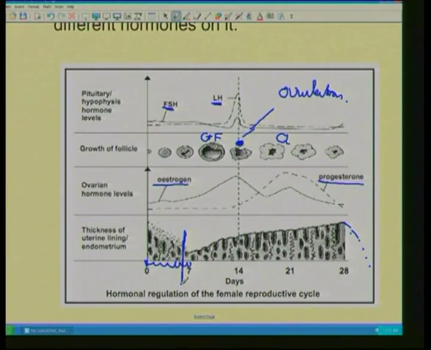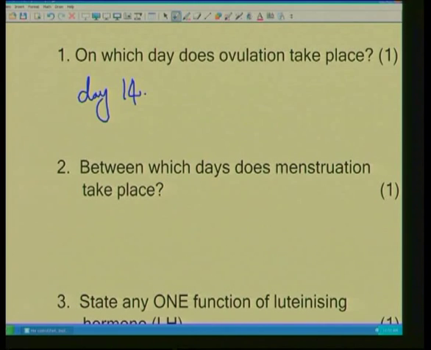So it's approximately day 1 or day naught of the cycle to day 5. So between which days does menstruation take place? It's going to take place between day 1 and day 5. Okay?